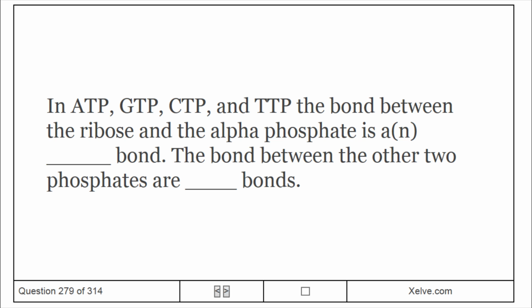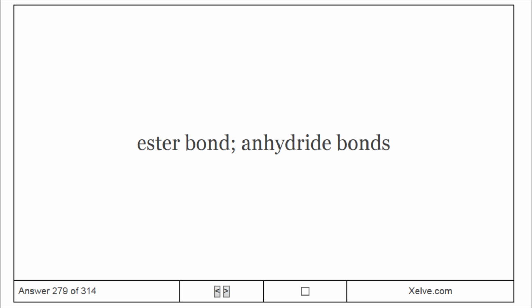In ATP, GTP, CTP, and TTP, the bond between the ribose and the alpha-phosphate is a blank bond. The bond between the other two phosphates are blank bonds. Ester bond, anhydride bonds.